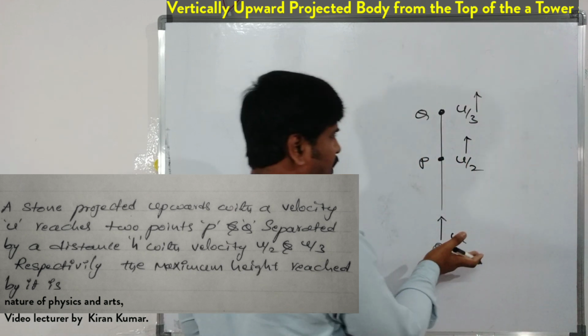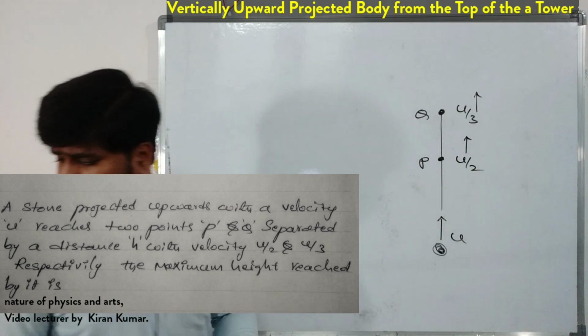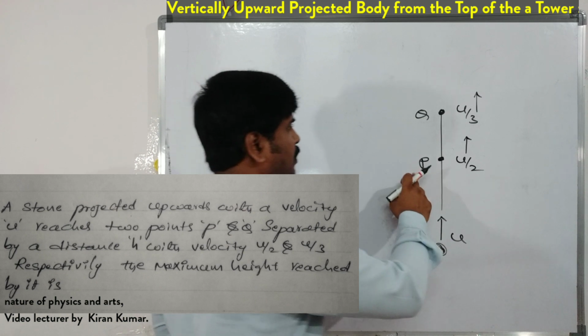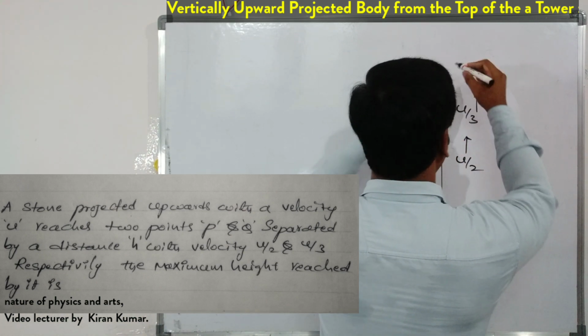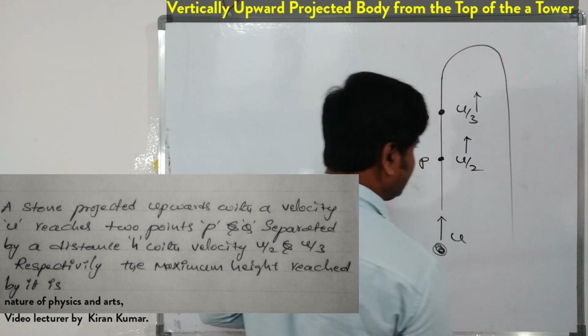So the initial velocity gradually decreases: u by 2 at P position, u by 3 at the Q position, and it is moving like this.